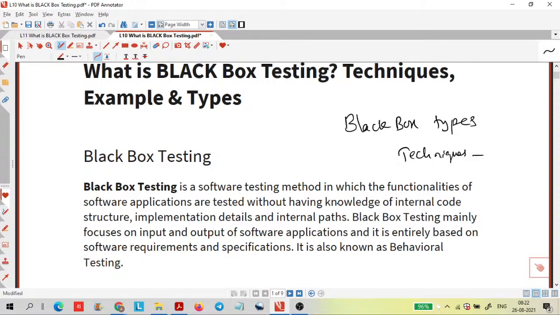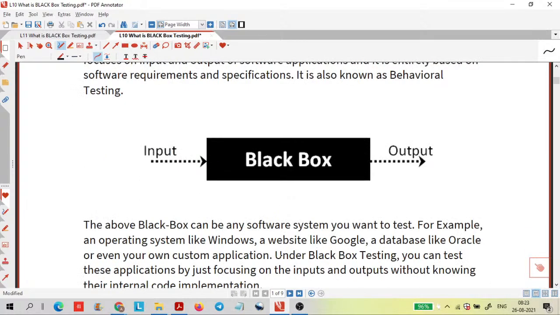Okay, so as you know, black box testing is a testing method where we test any software application without having the knowledge of internal code. With respect to the input and output, we test the software application.